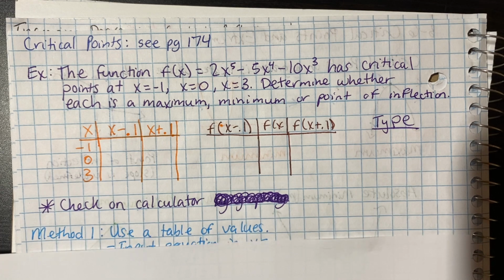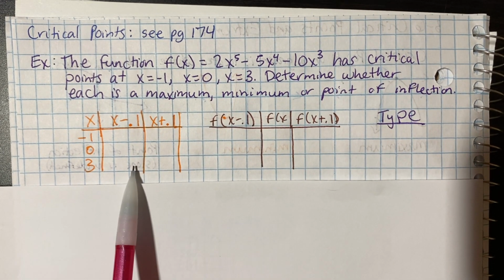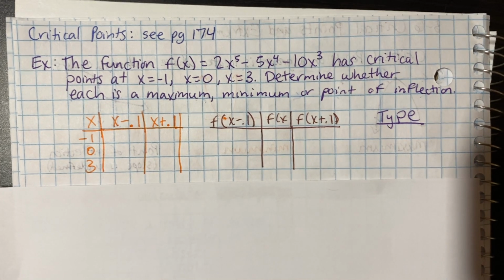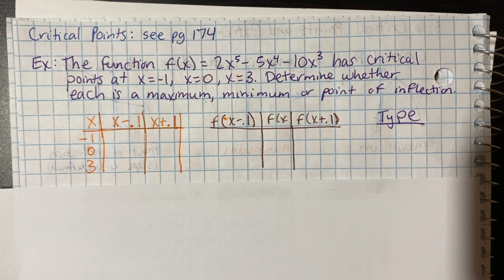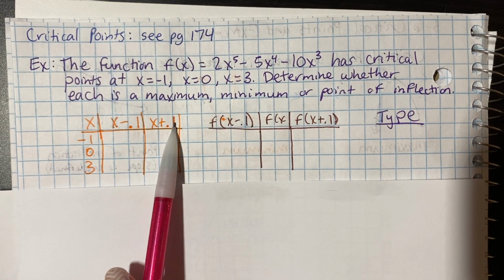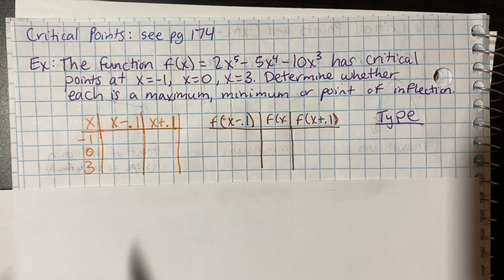All right. So what I'm going to do is use my calculator, and I'm going to do some checking on both sides of my point to see what's going on there.